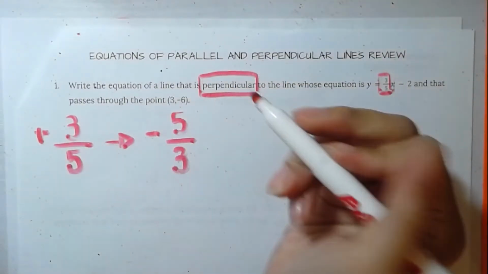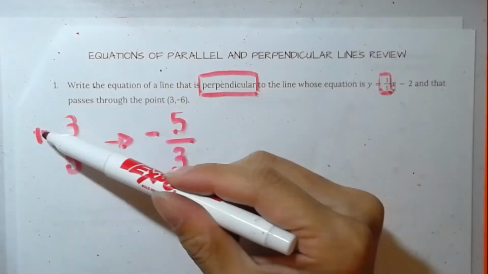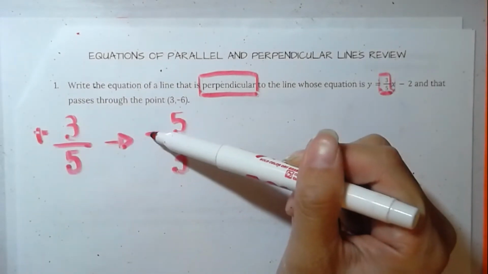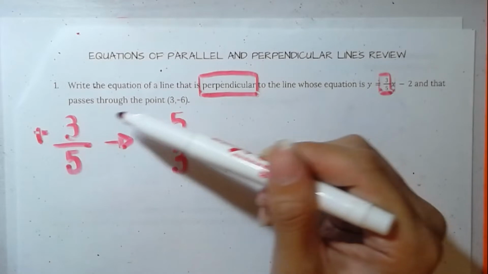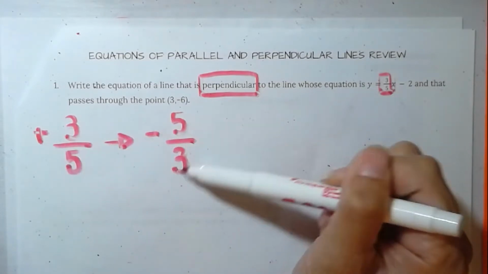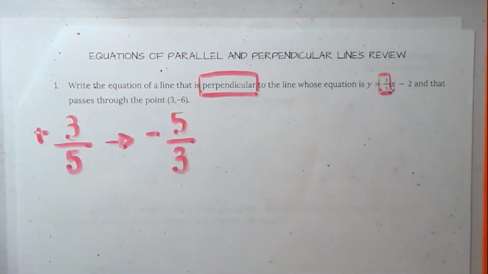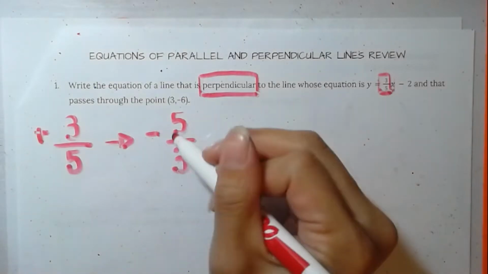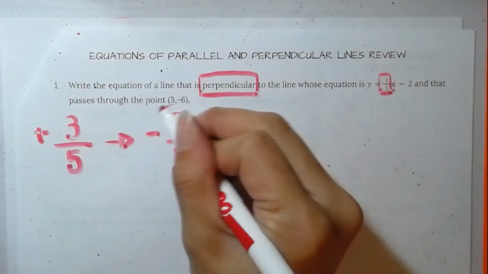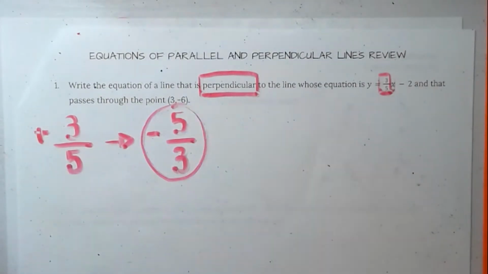The opposite part comes from the sign being switched, and the reciprocal part comes from the fractions being flipped. So I know that my new line is going to have a slope that is negative 5 over 3.